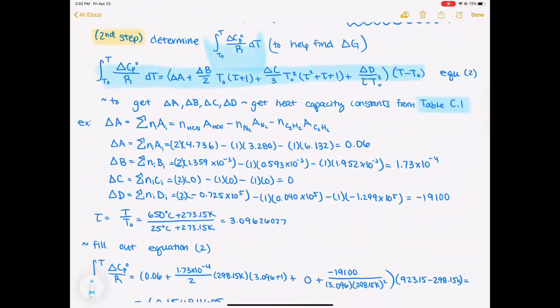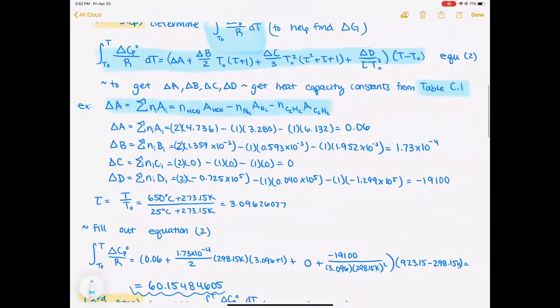And again, it's kind of just like the heat of reaction, so it's just the summation. So the moles of the products times the A of the products minus the moles of the reactants times the A of the reactants. So right there, you can see an example of what the formula looks like.